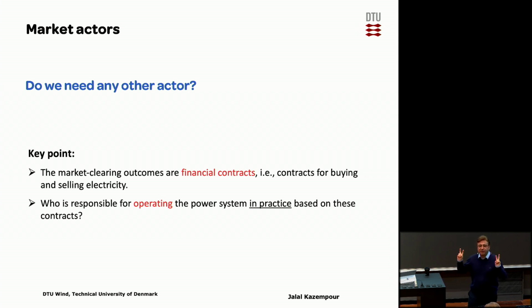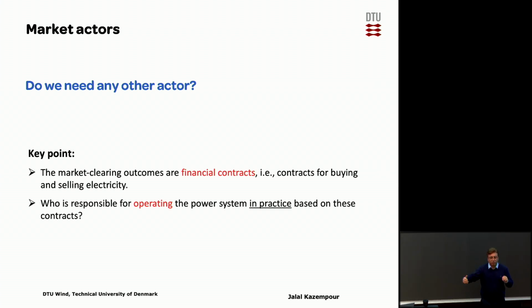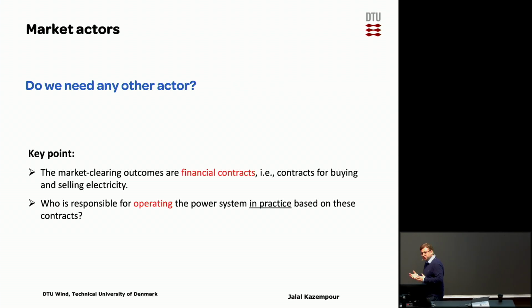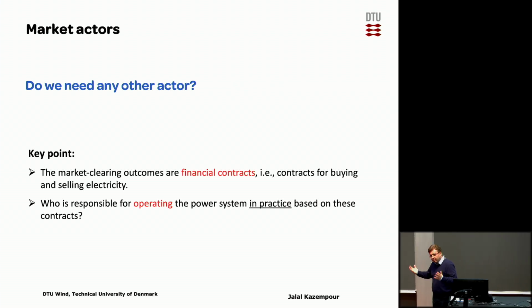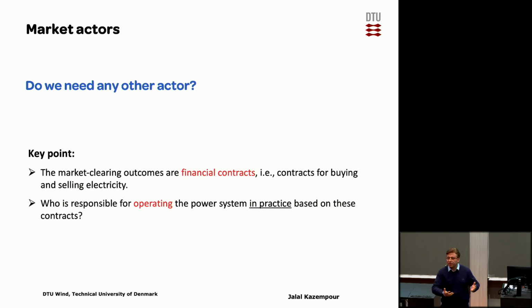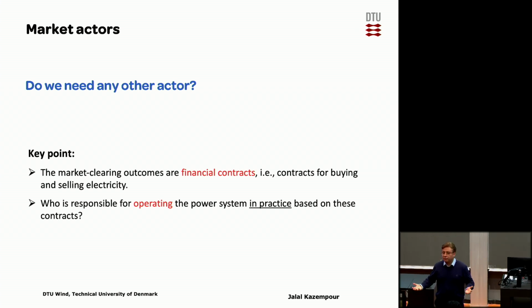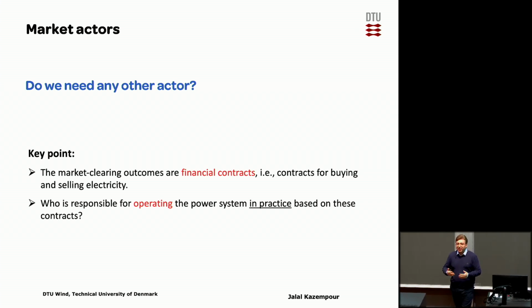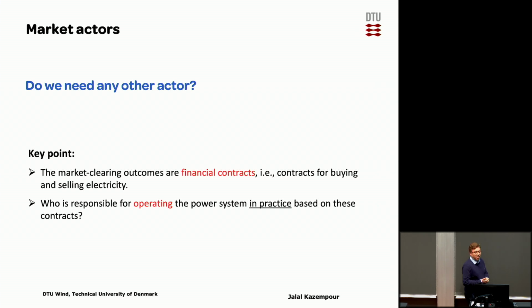They are like financial contracts for the next day, or for the next week, or for the next year. But we need someone else who is responsible for operating the grid in practice, making sure that the financial contracts that we have are feasible, and operating the system. Eventually, we have to make sure that all the laws of physics are respected and we operate the system properly.